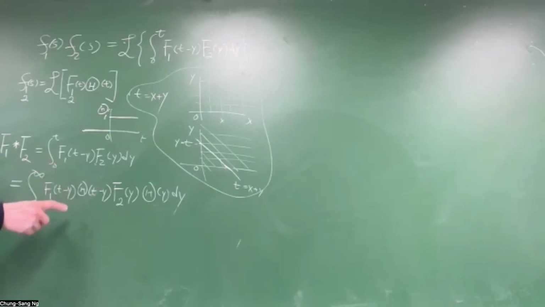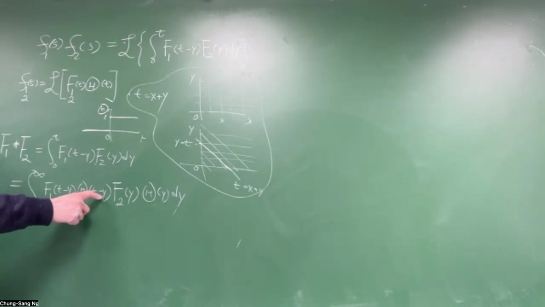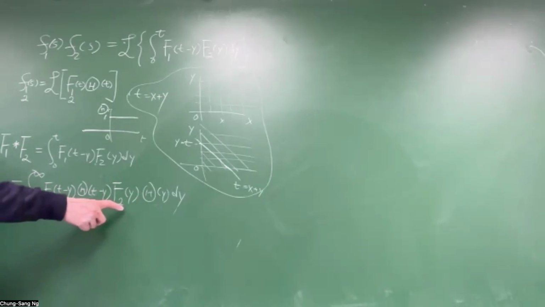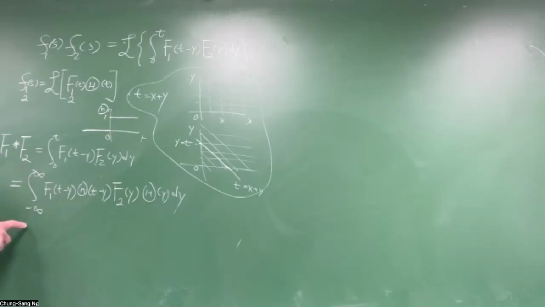And for the upper limit, look at this step function: if y is greater than t, the argument becomes negative, meaning the integral is 0. So effectively the upper limit is only t.